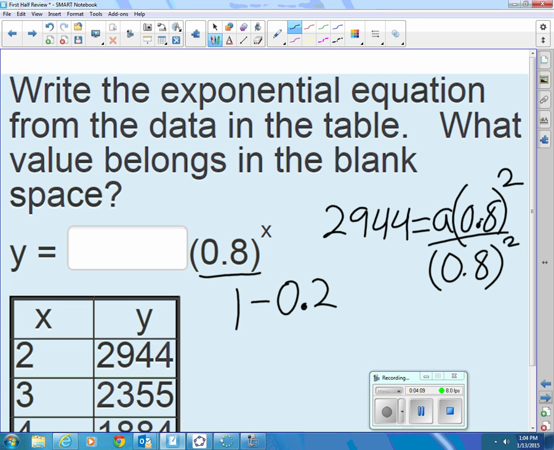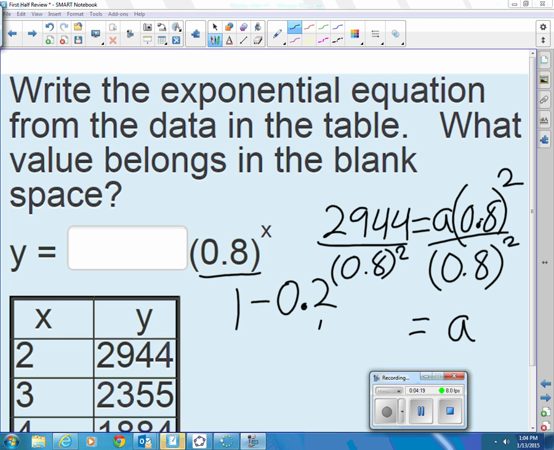So we have to divide by 0.8 squared. So a equals 4,600. And you can see that these numbers are getting smaller each time, so you would expect that before it decreased 2 times, it was larger than 2,900.